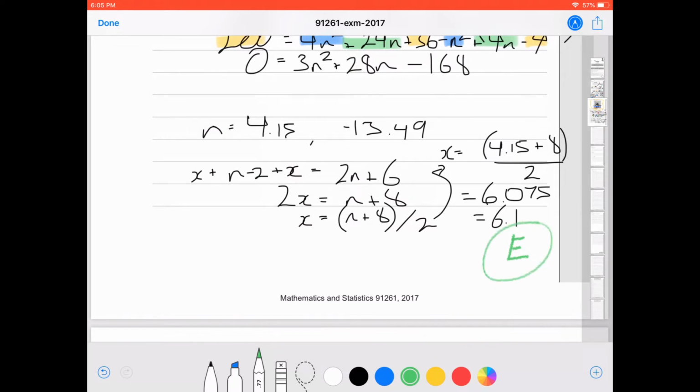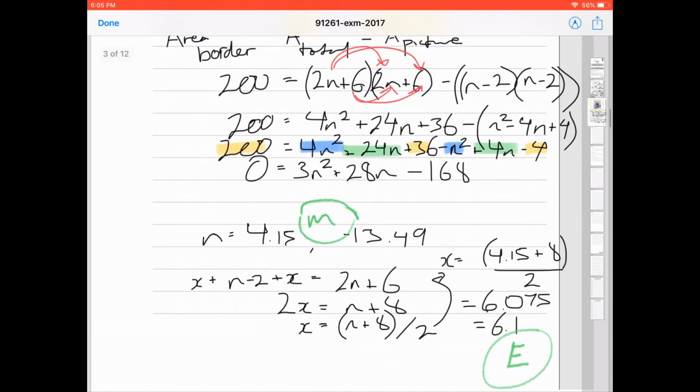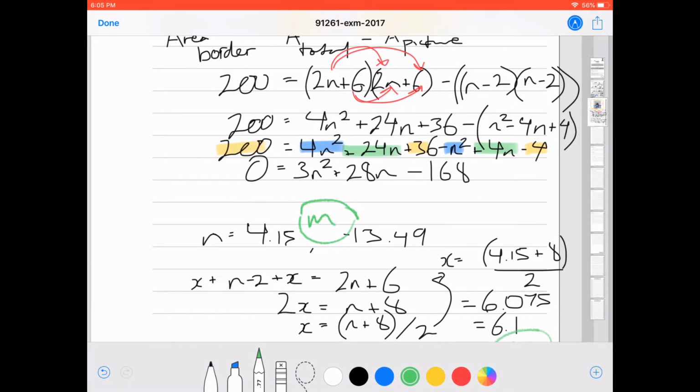Your merit is both solutions of the quadratic found. So this step here, and your achieved sets up a quadratic or finds expression for width in terms of n. So sets up a quadratic is probably our achieved.